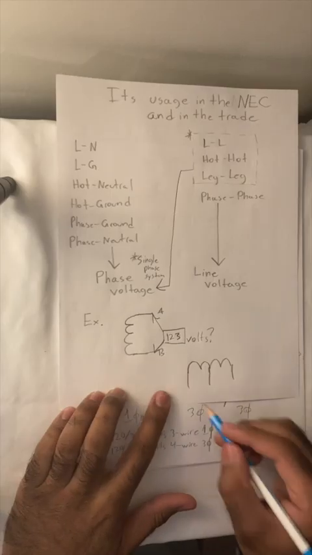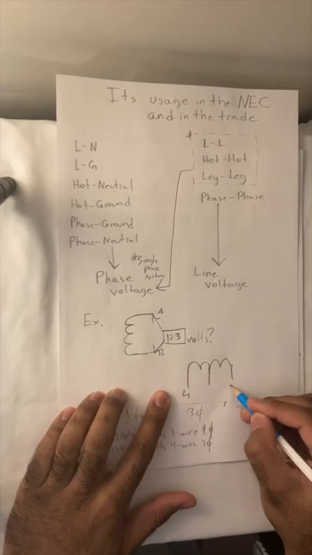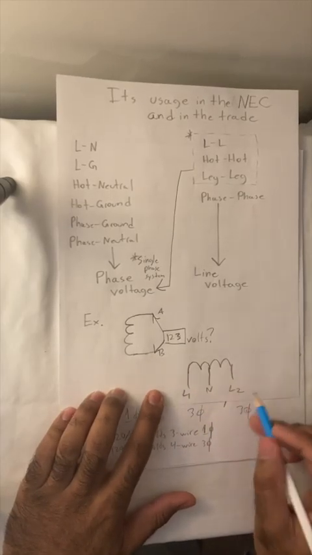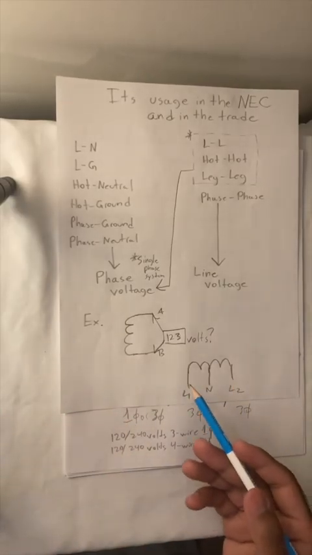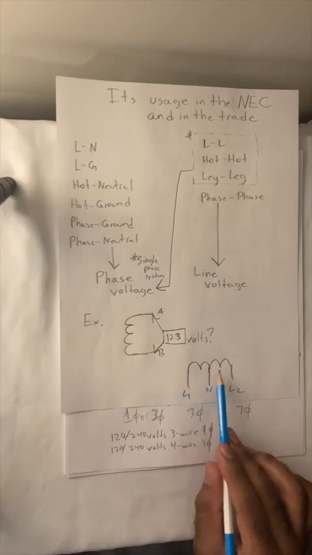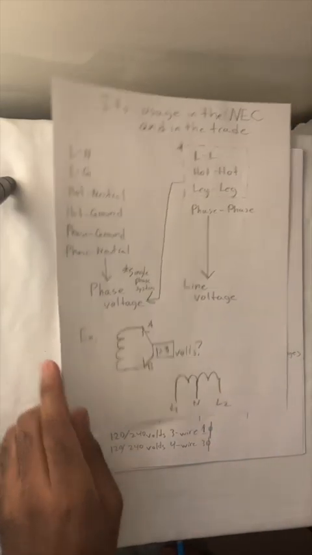These are our 3 bars. For instance, we will consider this L1, we will consider this L2, we will consider this N. So these are just, if you will, connection points along the phase.